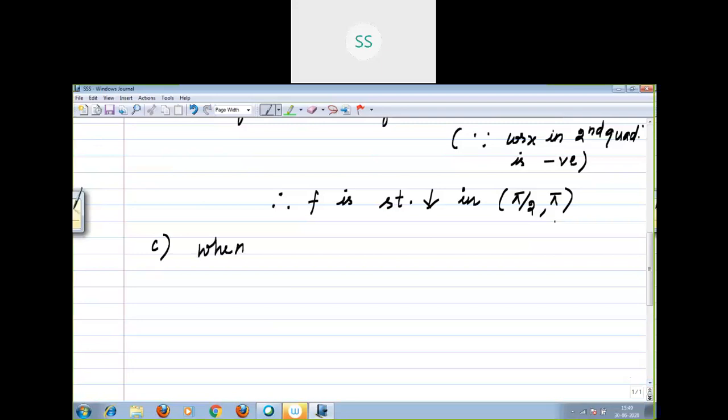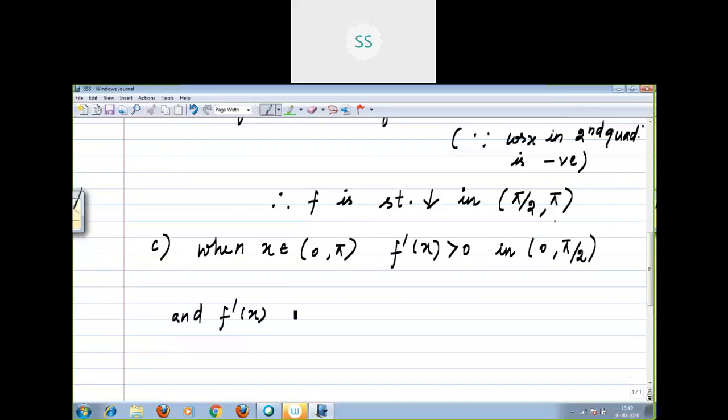When x belongs to the open interval 0 comma pi, compare the first subdivision and the second: f dash of x is greater than 0 in 0 to pi by 2, and f dash of x is less than 0 in the open interval pi by 2 comma pi.